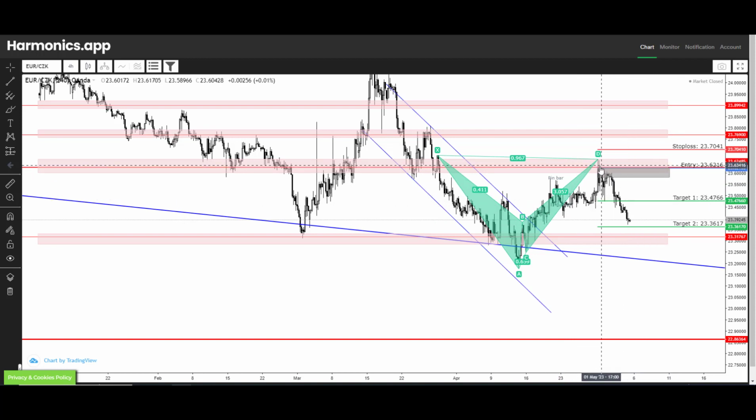In this case, if you enter this trade and target 1 is reached, it's always good to move the stop loss below the entry point, just in case the price goes against the bat pattern right here, so it will return back up and close with a profit. But if you do not move your stop loss, all this profit that the price currently shows will be wiped out and you will get stopped out.